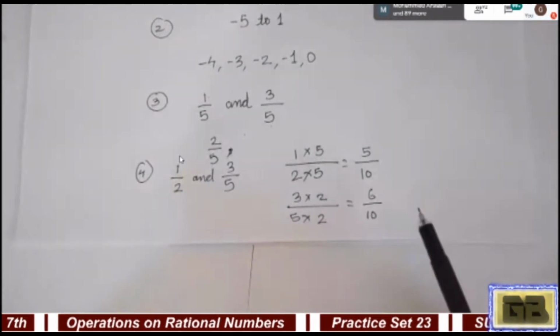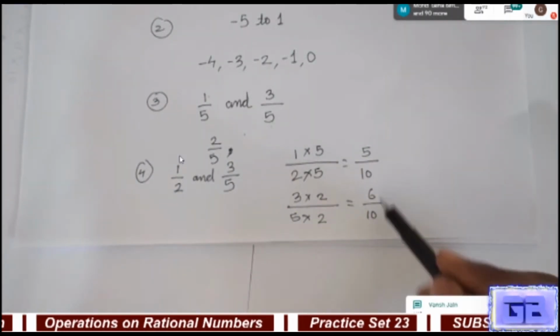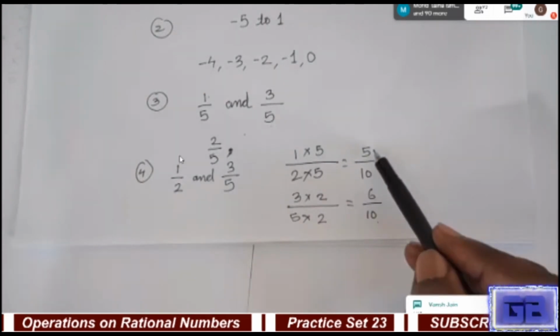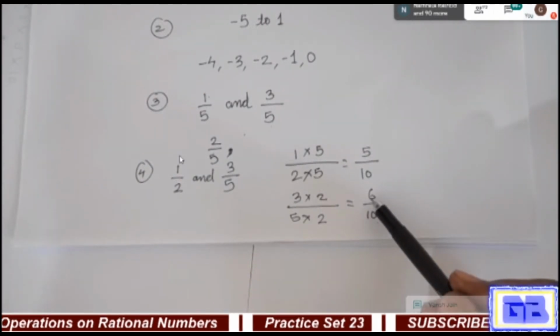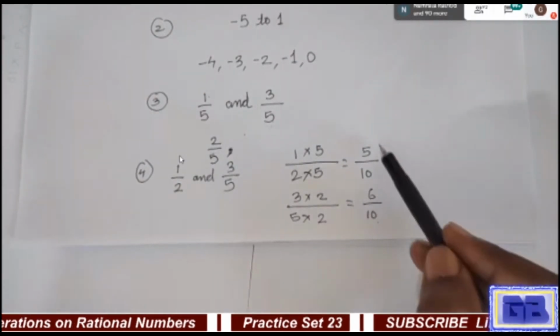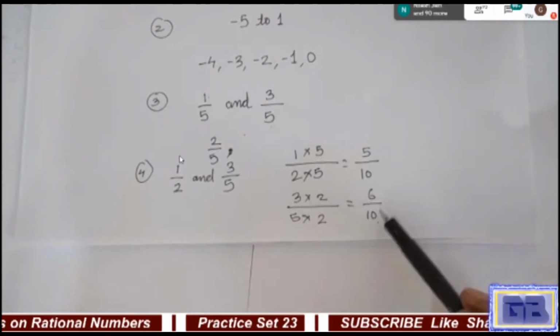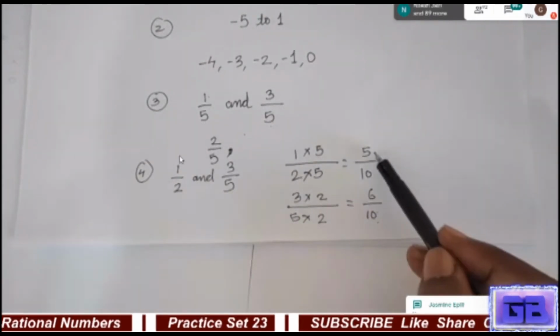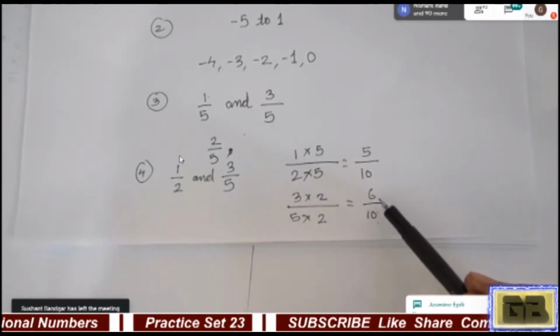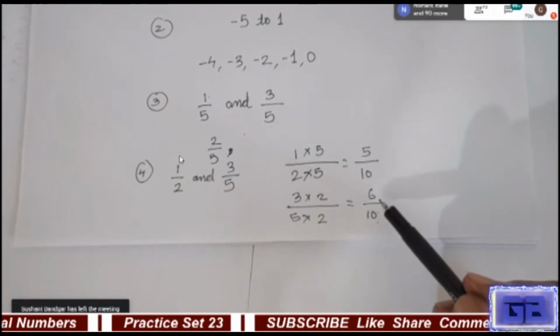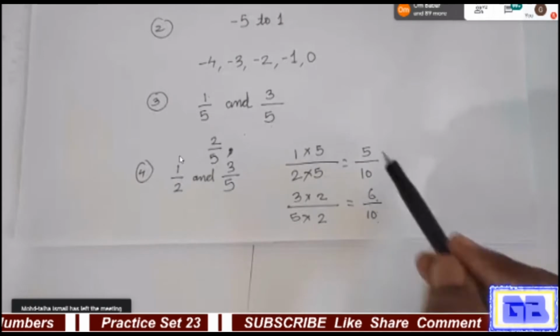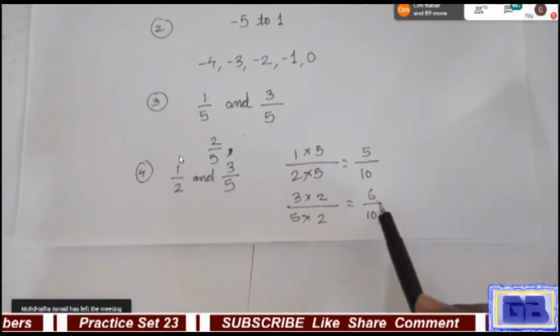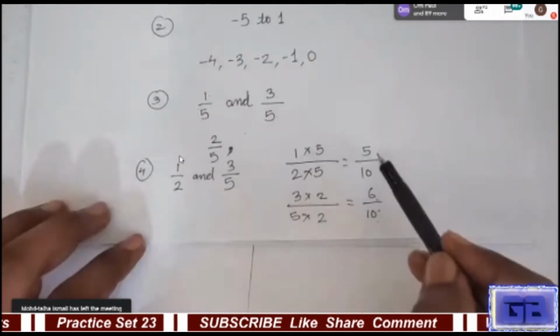Now we got equal denominators, but here 5 is there and next number is 6. Is there any rational number in between? No, because after 5 immediately 6 comes. But what next thing we have to do?